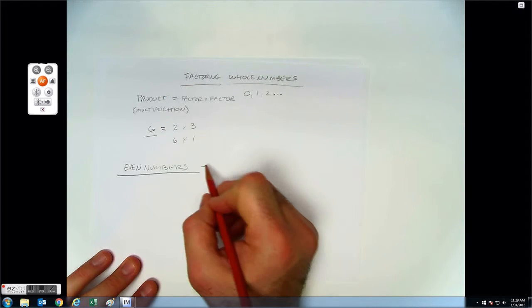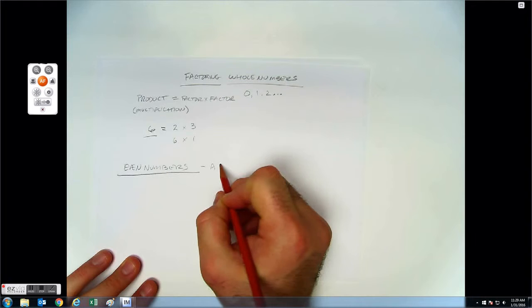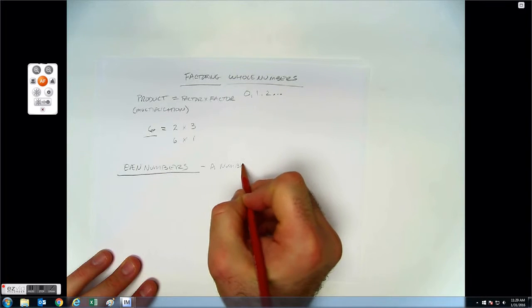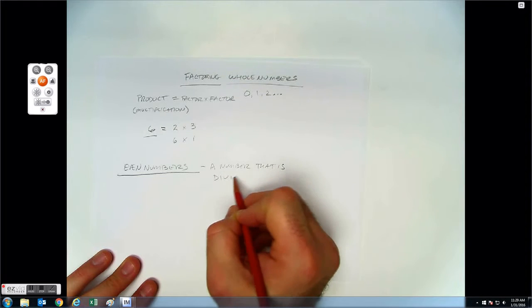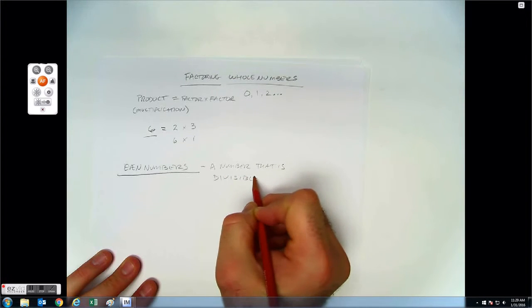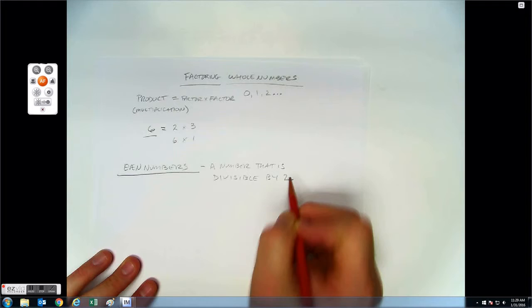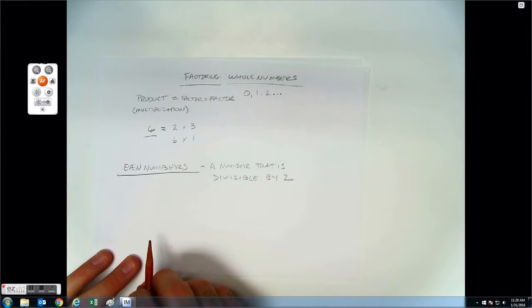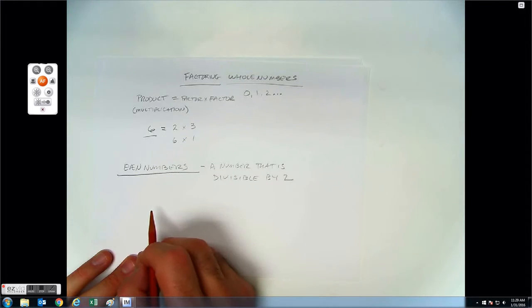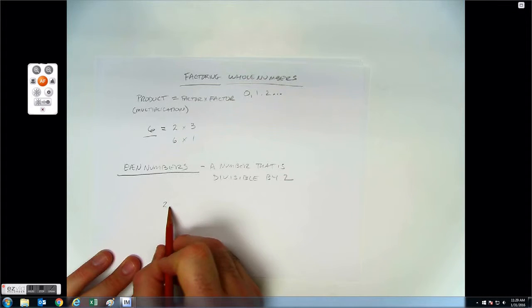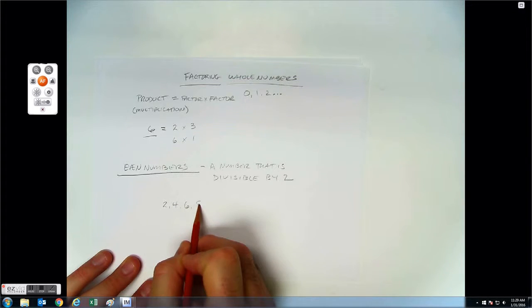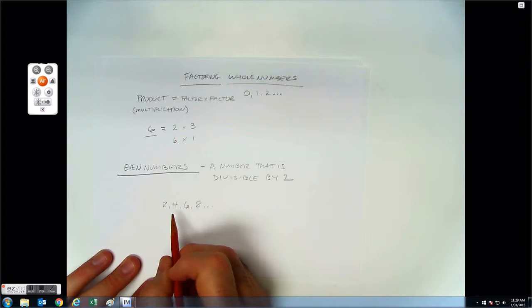Even numbers, the definition is a number that is divisible by 2. An even number is a number that's divisible by 2. So, what numbers are divisible by 2? Most of my students tell me 2, 4, 6, 8, and so on.